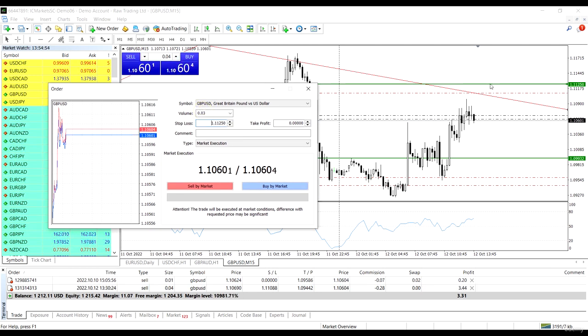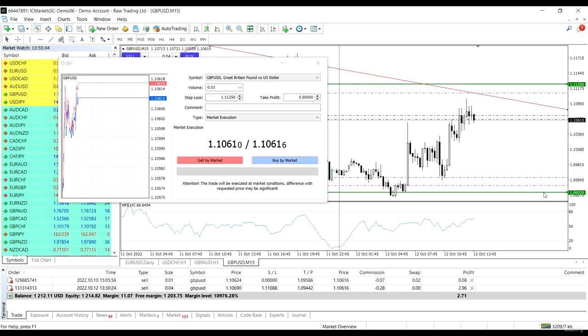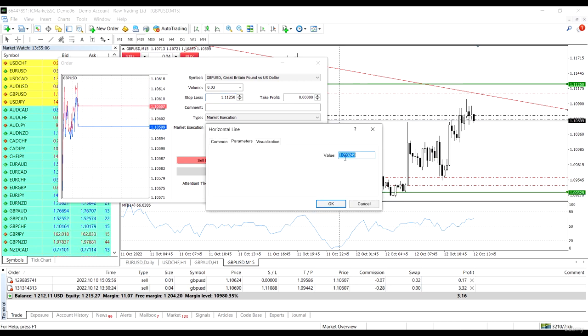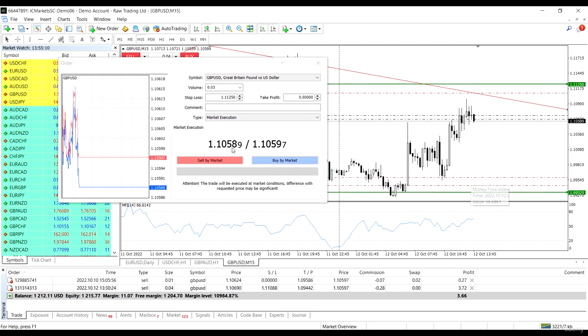You can also copy it manually, but the way I just did it is the easy way. For your take profit, let's assume we want it to be here. You can copy the value of the line and paste it here.